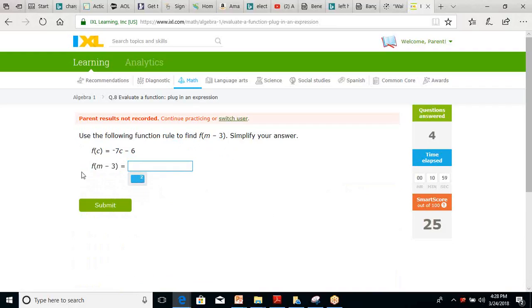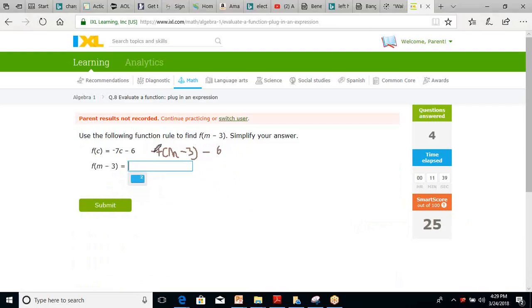So if you're going to simplify this, you're going to get minus 7 times c, but your c is actually m minus 3, so you put that in brackets, and then minus 6.